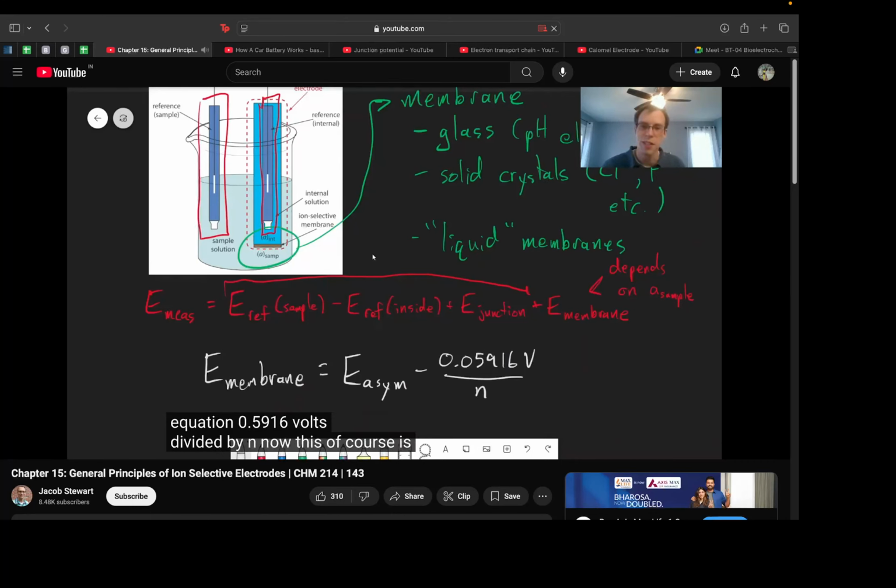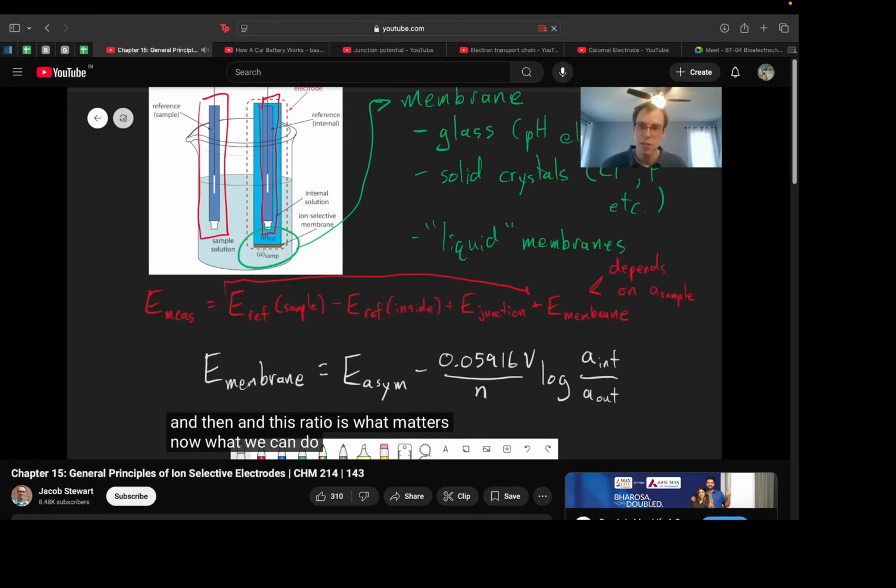Now this, of course, is assuming that we have a temperature of 25 degrees Celsius, all the usual substitutions that go in to get this number, times the log of the ratio of our activity on the inside and our activity on the outside. And this ratio is what matters.